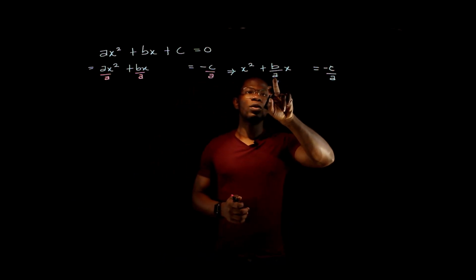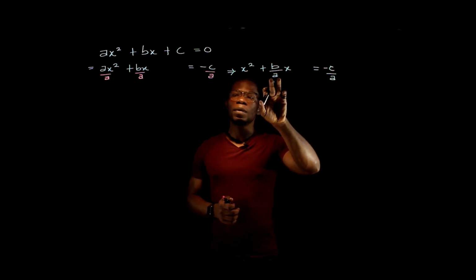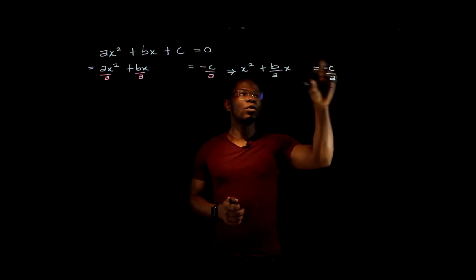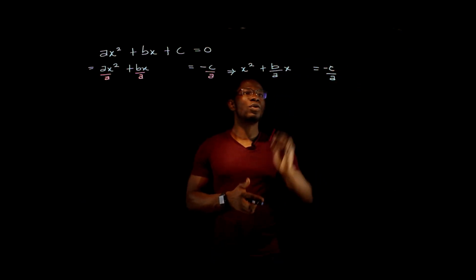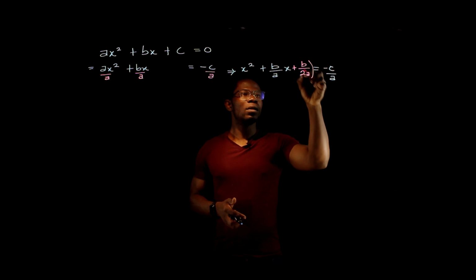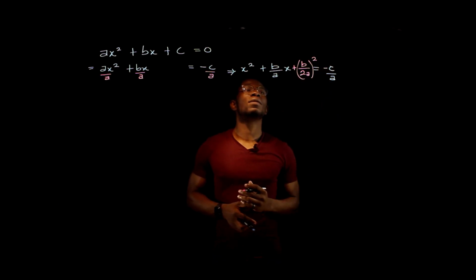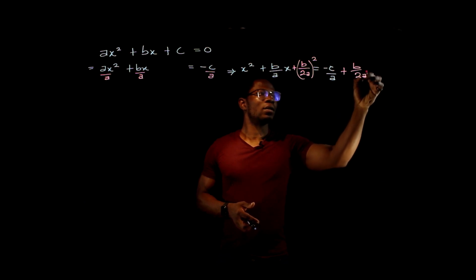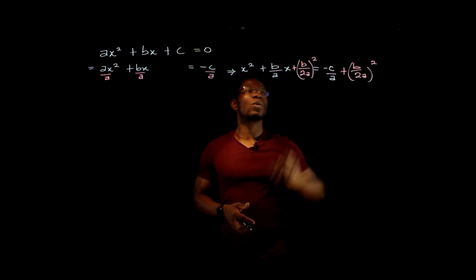The next thing we do is to divide the middle term by 2 and then square that and add that to both sides of our equation. So if we do that, we have b over 2a squared on both sides.